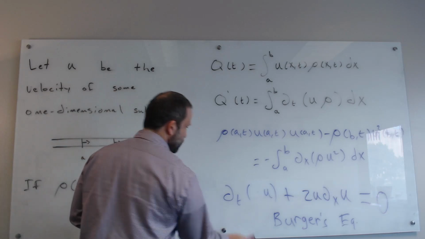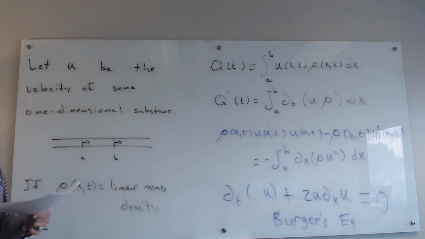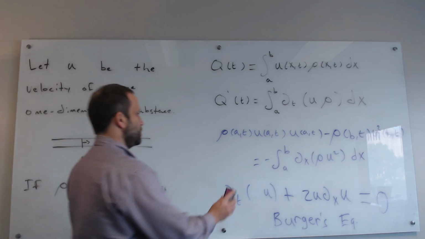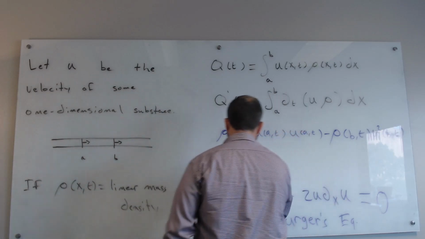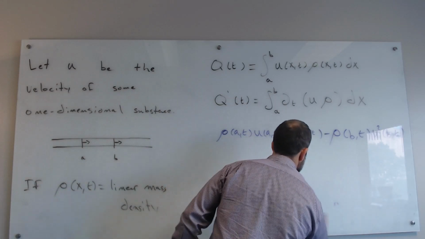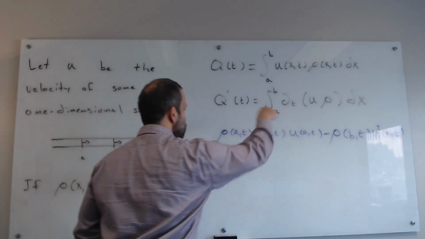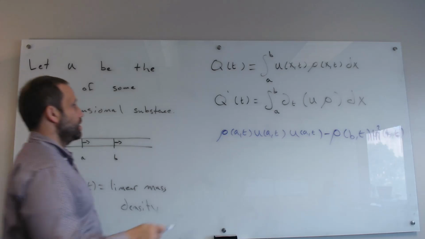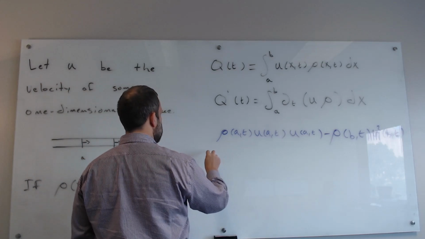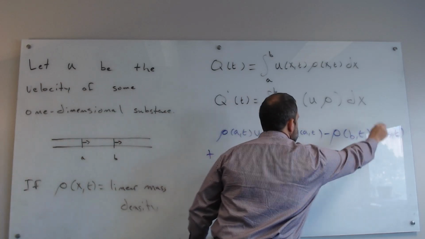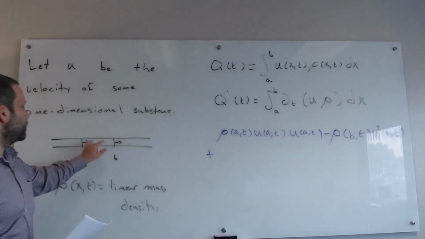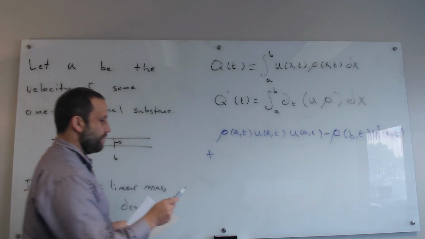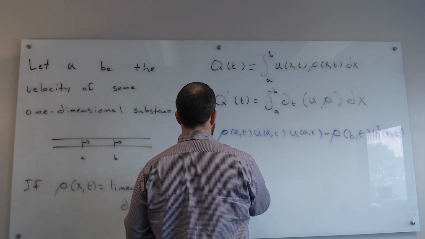Now pressure is typically taken to be a function of the density. So in addition to this, which is the contribution of momentum from the actual particles entering and leaving this region, we could also have the pressure evaluated.